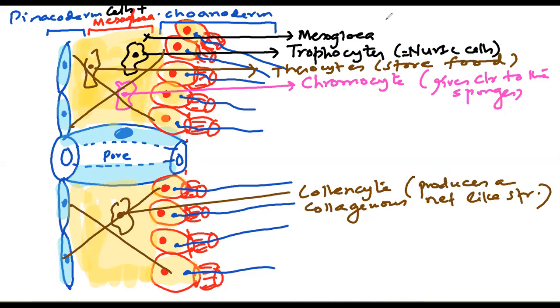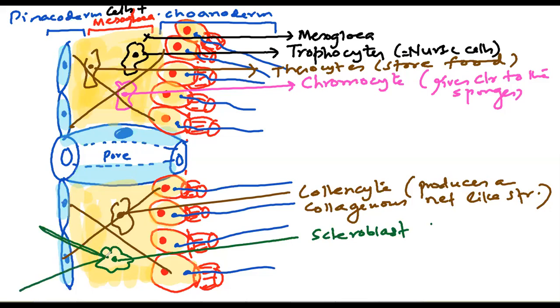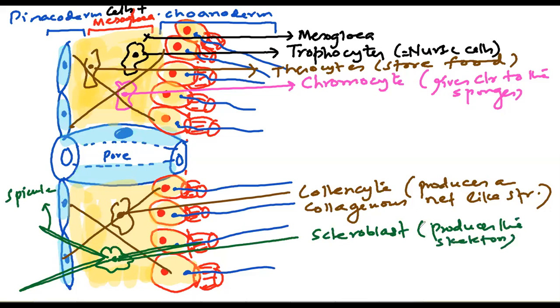Here we will produce scleroblasts, or which make spicules. So suppose this is a scleroblast. Scleroblast. Now this scleroblast is producing, suppose, spicule. So you see? This thorn-like structure is called spicule. So the scleroblast produces the skeleton of sponge.